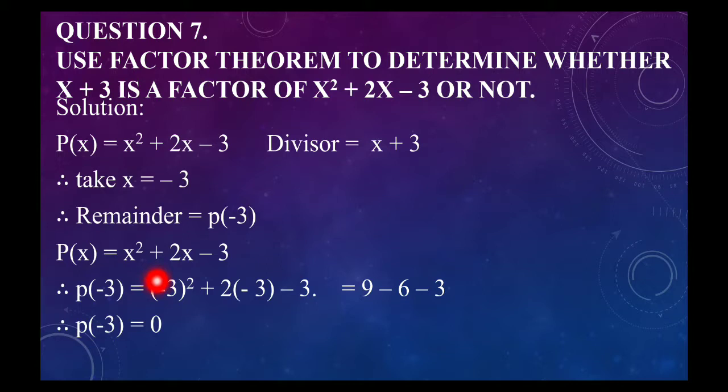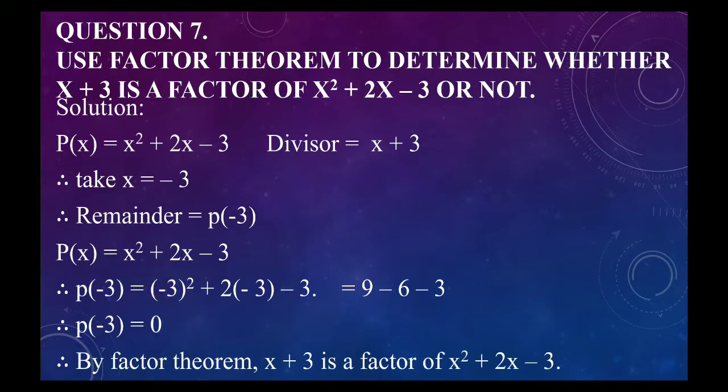If the remainder is 0, children, keep this in mind. If the remainder is 0, then we will say that according to the factor theorem, x plus 3 is a factor of x square plus 2x minus 3. Again, when do we say that the divisor is a factor of the dividend?